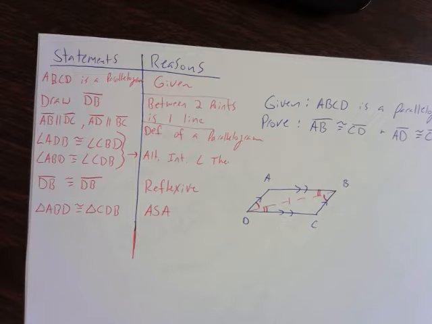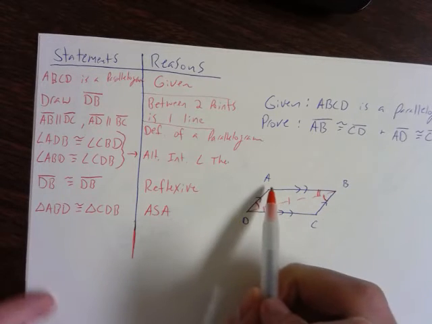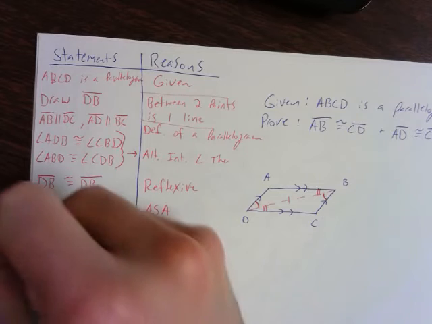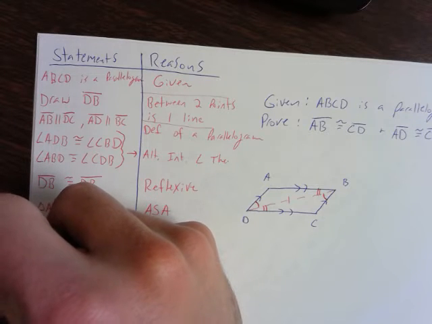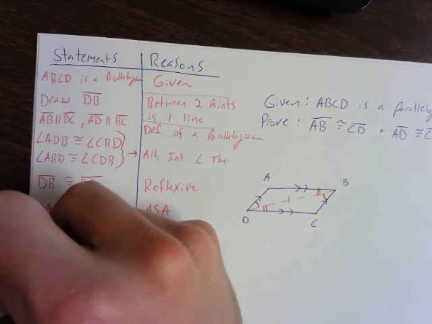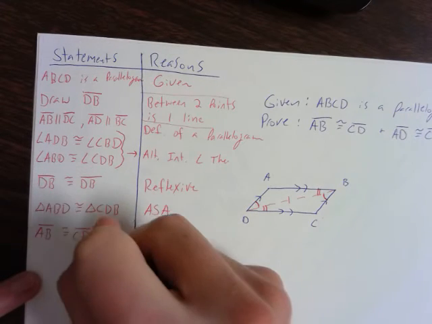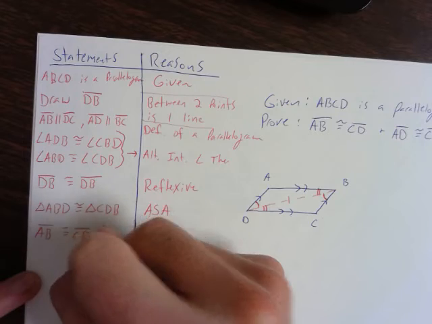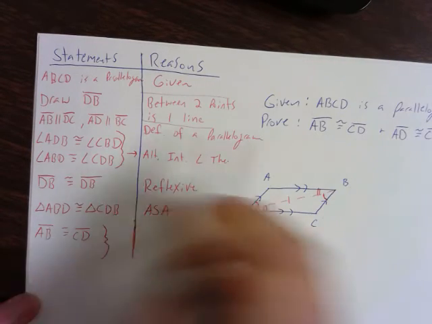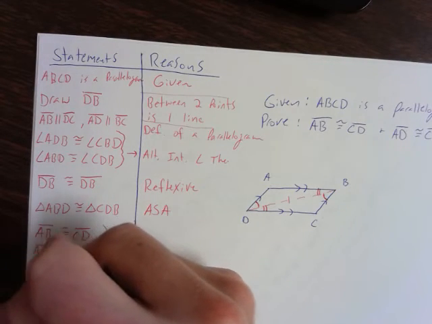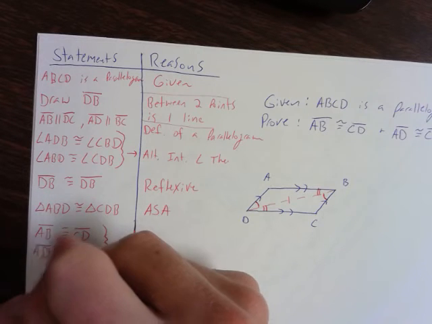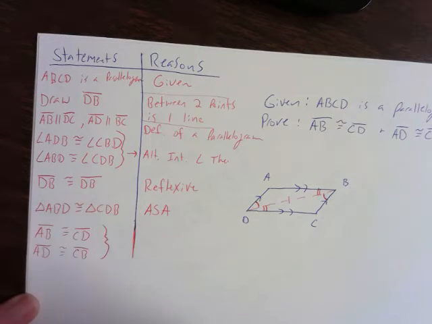Now, I can prove my proof statement up there, that line segment AB is congruent to line segment CD, and I'll lump this one together because it's going to be the same statement, and that line segment AD is congruent to line segment CB.